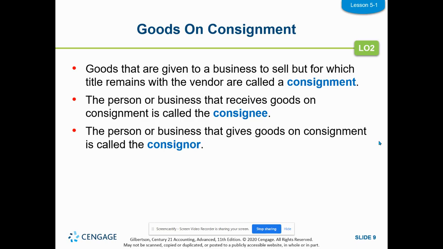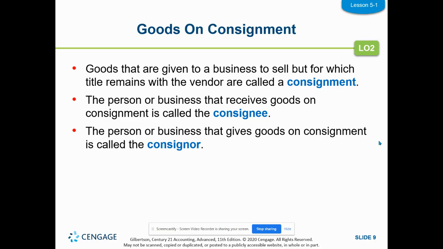Here's another example of goods. We might have something called consignment. Those of us here in Mountain Home have a little consignment store. You take your items there, and the store then sells it for you. The person or business that receives the goods is the consignee.